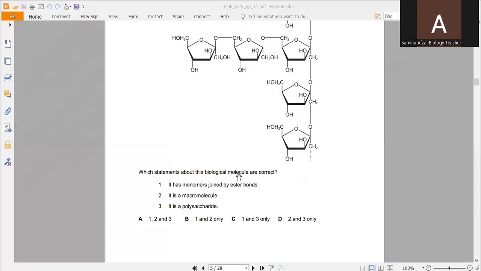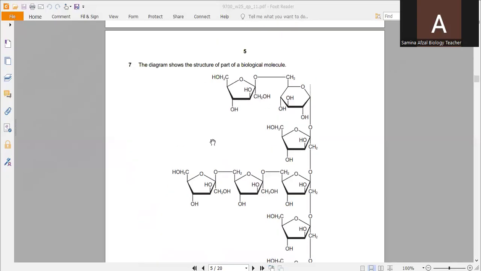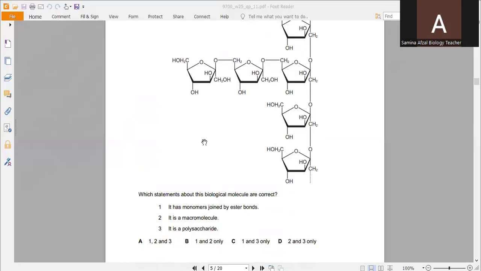Which statement about these biological molecules is correct? Statement 1: it has monomers joined by ester bonds. These are not monomers. It is a polymer made of multiple sugar rings which are linked together. So statement 1 is not correct.